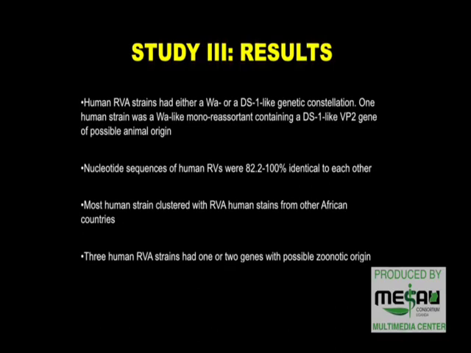But to note, we found that a few genes, 1 or 2 genes in our human samples, were probably of zoonotic origin, because when we compared them to what we found in the GenBank, they were similar. So that is why we thought that probably 1 or 2 genes on the rotavirus strains were possibly of zoonotic origin.